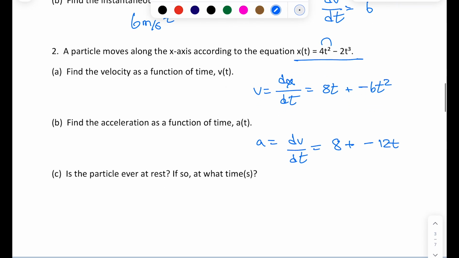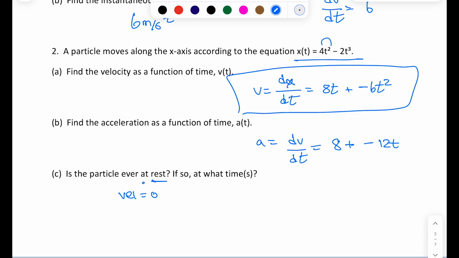Is the particle ever at rest? If so, at what time? If it's at rest, what does that mean? Rest means velocity equals 0. So that means I can take my velocity equation here and set it equal to 0. So 0 equals 8t minus 6t squared.